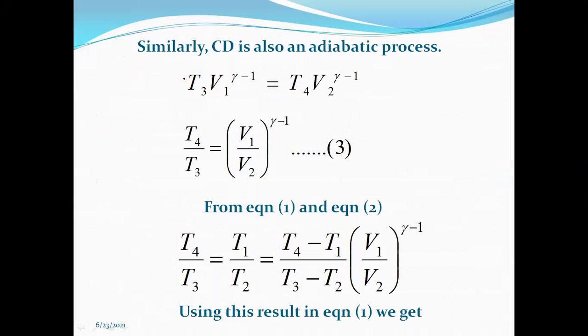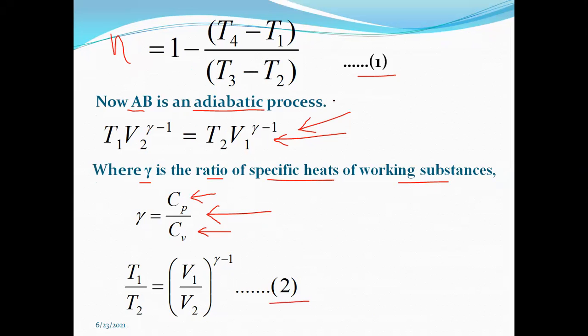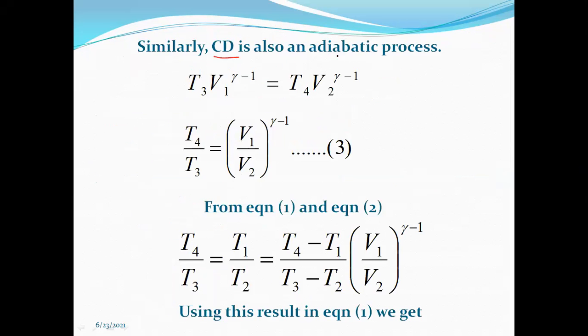Now the things are simple. Similarly, as we calculated using the adiabatic relation along AB, CD is also an adiabatic process, if you remember the indicator diagram. According to the indicator diagram, for CD, T3 into V1 raised to gamma minus 1 is equal to T4 into V2 raised to gamma minus 1. So T4 upon T3 is equal to V1 upon V2 raised to gamma minus 1, which is equation number 3.